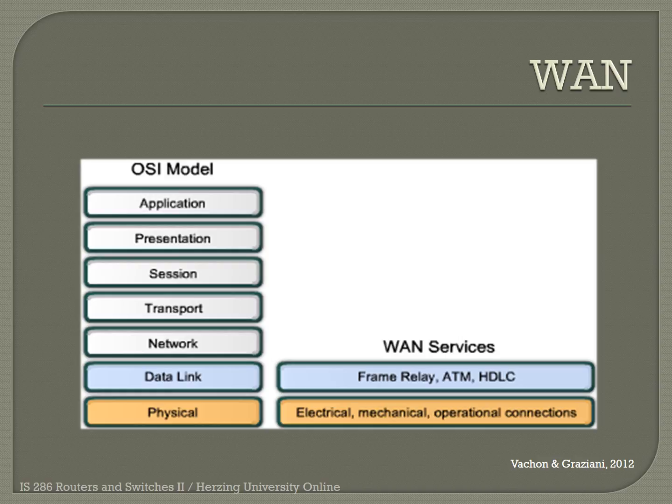One of the first things that you must understand about WAN services is that they function primarily within layers 1 and 2 of the OSI model. At layer 2, you have the WAN protocols that define the physical addressing and encapsulation methods. Throughout IS-284 and up to this point in IS-285, we have been focused on one Layer 2 protocol, and that is Ethernet.